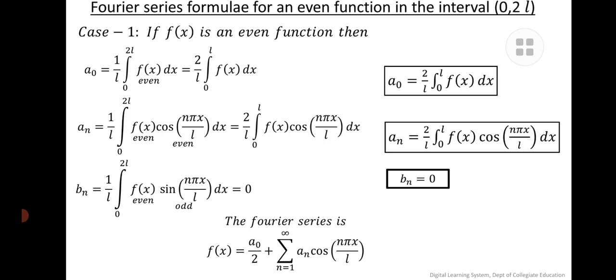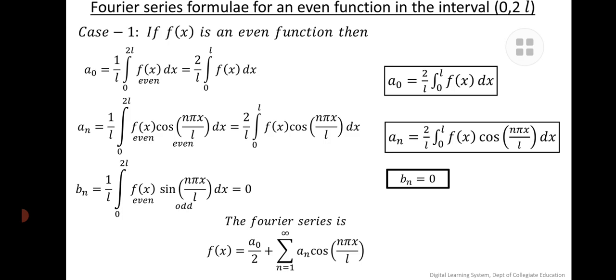Here f of x is even, and cos is also even by nature. So the an value we can write as 2 times 1 divided by l integral 0 to l f of x cos n pi x divided by l dx.